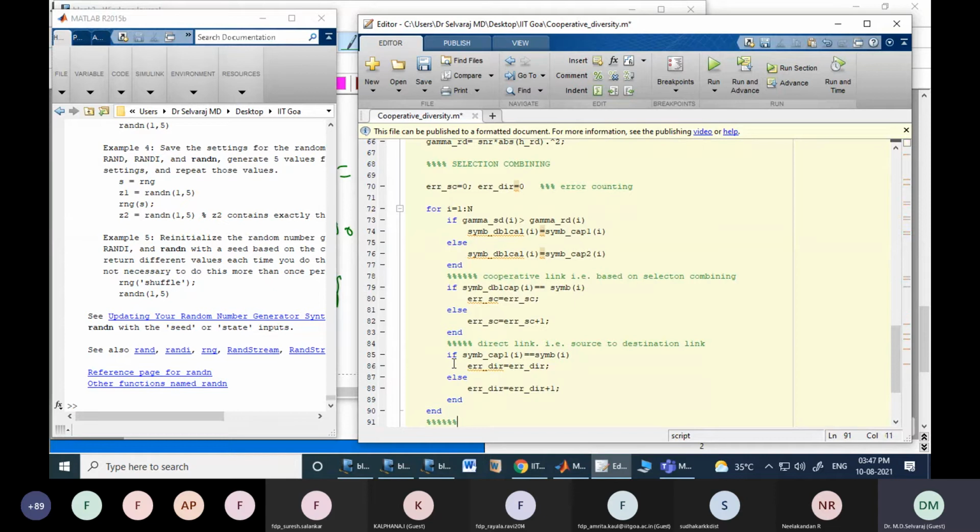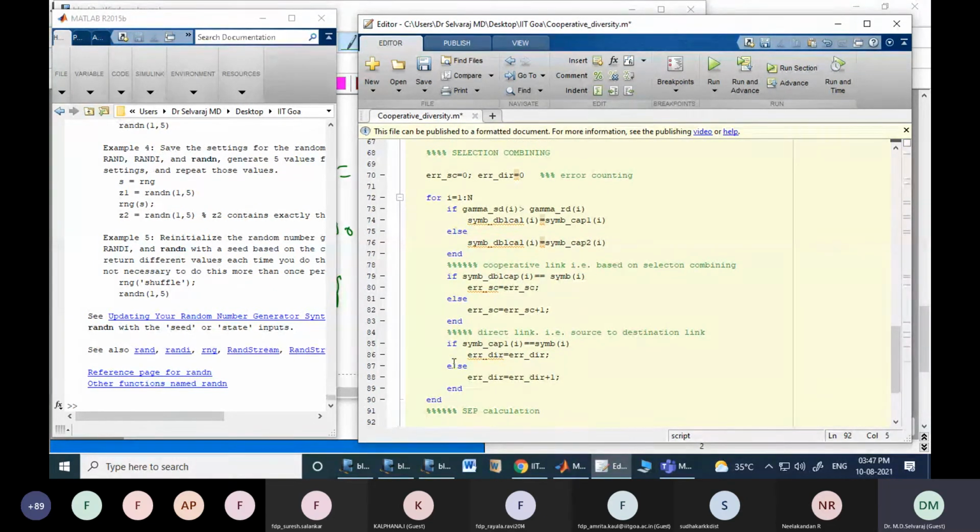Finally, the SCP calculation. SCP, selection combining path, SNR underscore loop, is error underscore SC divided by the total number of symbols transmitted. The number of symbol errors divided by the total number of symbols transmitted. This is for the cooperative selection combining.